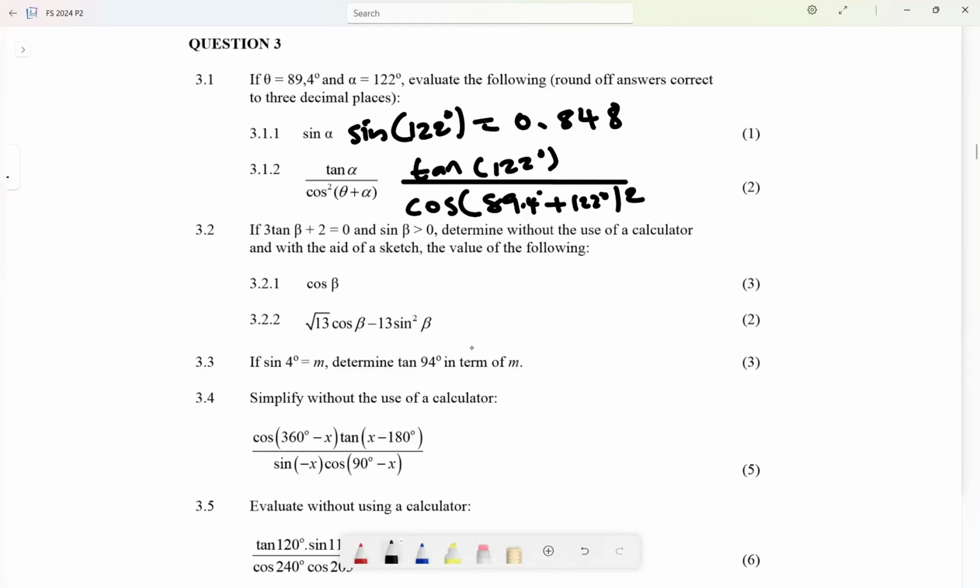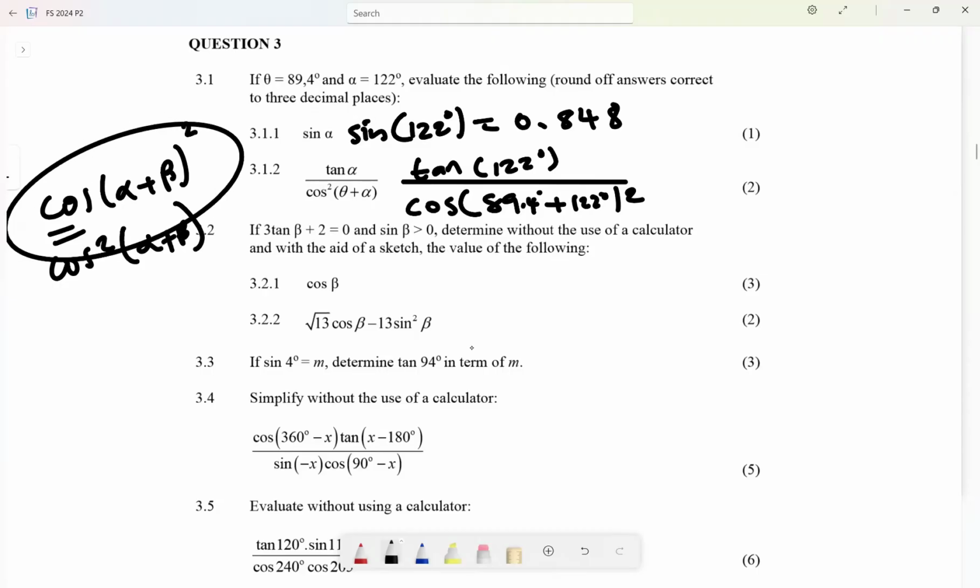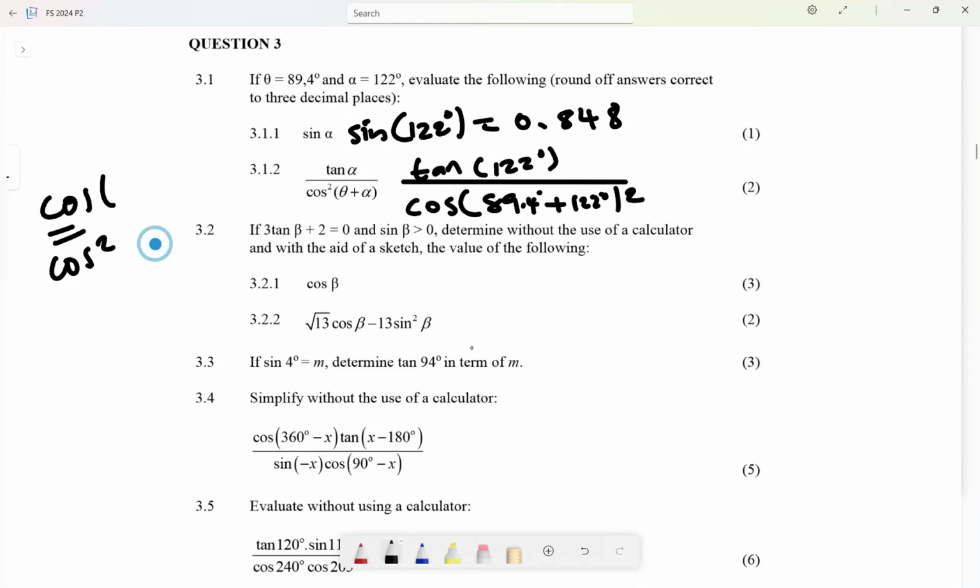This part, cos of alpha plus beta, squared, is the same as cos squared of alpha plus beta. When you punch this on a calculator, it'll allow this format, okay? Yes. So how many do you get? It's just a matter of using a calculator. Tan 122 divided by cos.